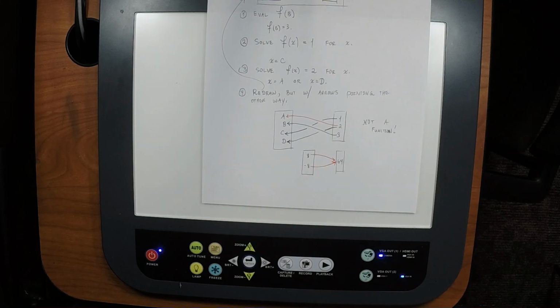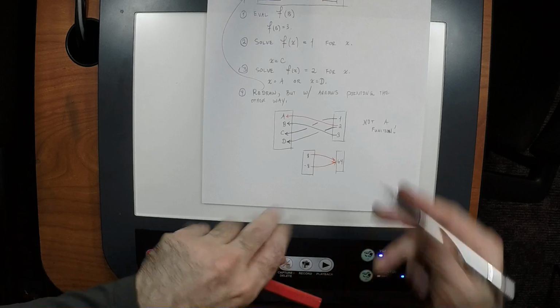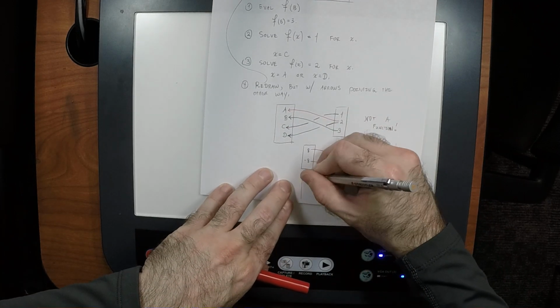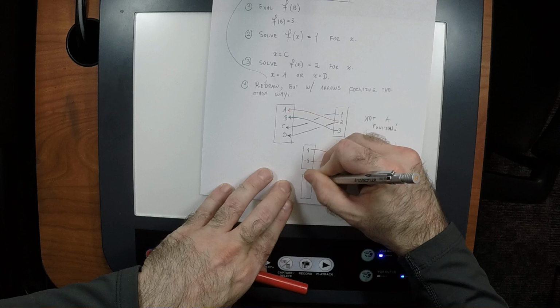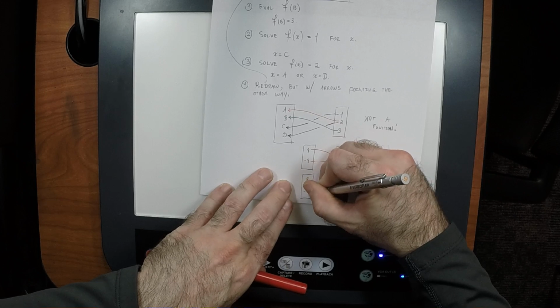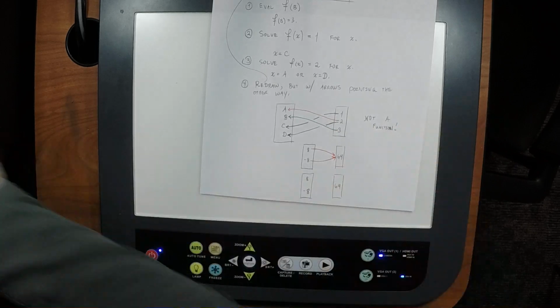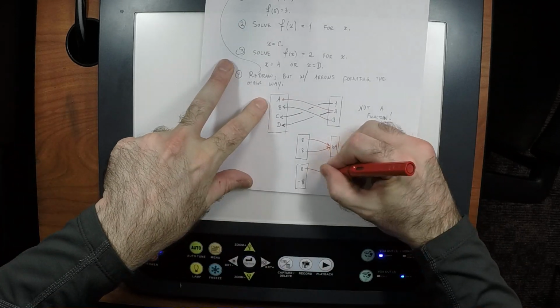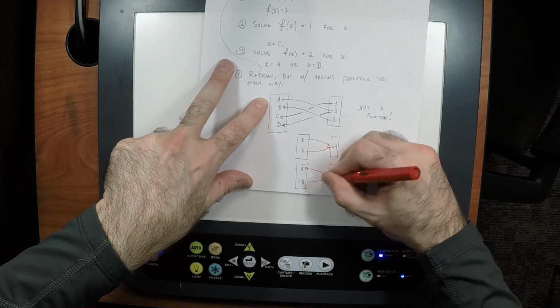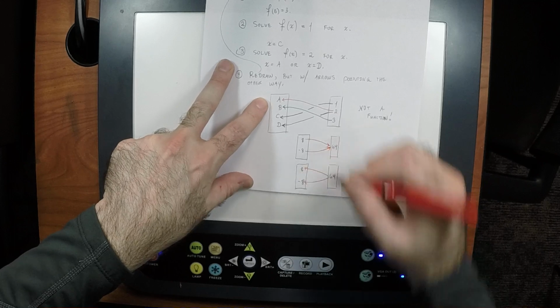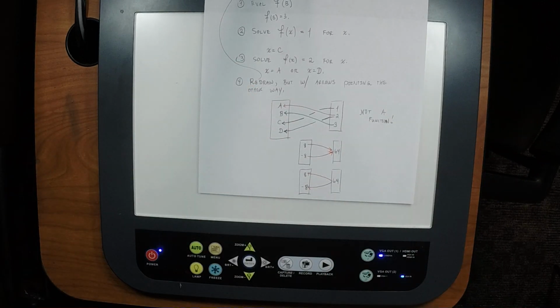Right, but if you turn it around, if you just take this and redraw everything except make the arrows point the other way, then the result is not a function.